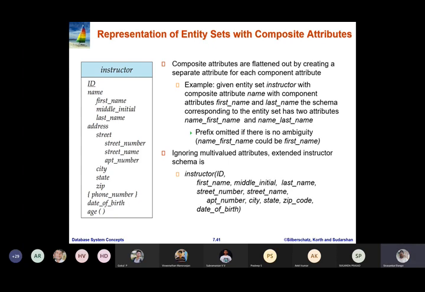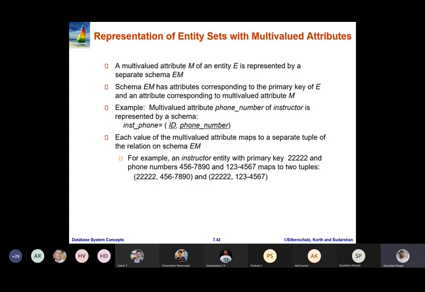We also discussed how to represent a multi-valued attribute. Here the phone number of a particular instructor is going to be a multi-valued attribute. So whenever there exists a multi-valued attribute in an entity set, you are going to represent it by a relation named EM, where E is the entity set name and M is the multi-valued attribute that is present in the relation. So we are going to represent this multi-valued attribute by a relation named instructor underscore phone, with the primary key attribute of the instructor, instructor ID, and phone number.